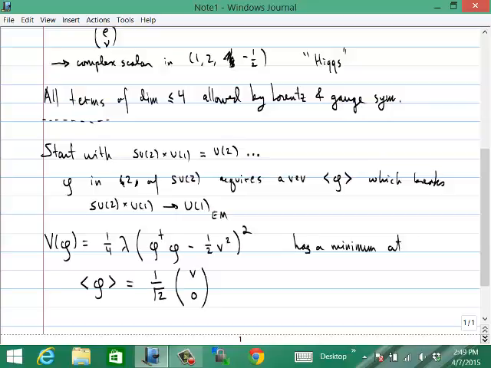So expanded around phi equal to 0, you expect an m squared phi squared term. Why is that coefficient m squared negative rather than positive? Well, you flip a coin. Half the time it's going to be positive, half the time it's going to be negative. It turns out that in our universe it's negative, so that we have a broken SU(2) times U(1) symmetry.